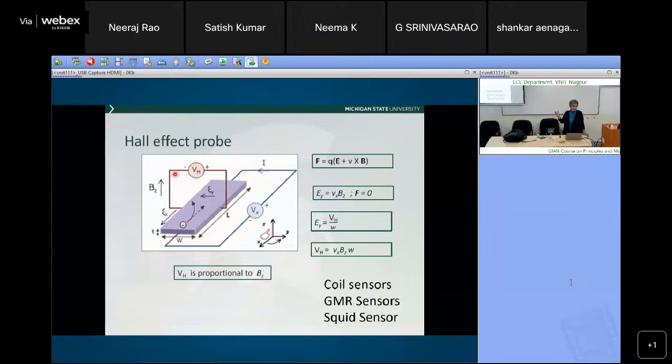These can detect very small fields. And SQUID, which is a superconducting quantum interference device, can also detect very small fields. So once you set up the leakage field, you can pick it up and then analyze that field.